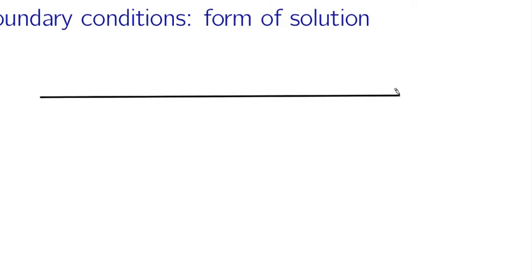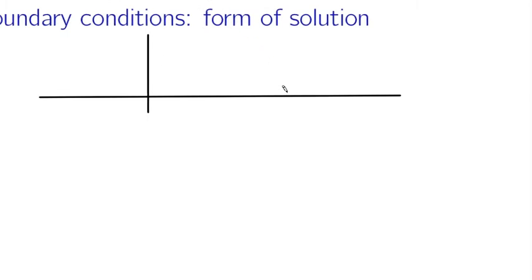In particular, we haven't used the boundary conditions, and one thing the boundary conditions here will determine is the form of our solution. Now, what do I mean by boundary conditions? Well, the boundary conditions are what you get from considering the actual domain of your solution and what you know about it, in particular at the edges.